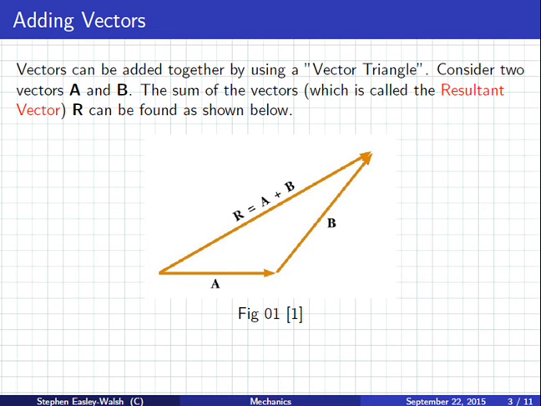R-E-S-U-L-T. What's another word for result? Outcome. Or a simpler word: answer. Result means answer, really. So it's like saying the answer vector, resultant vector.